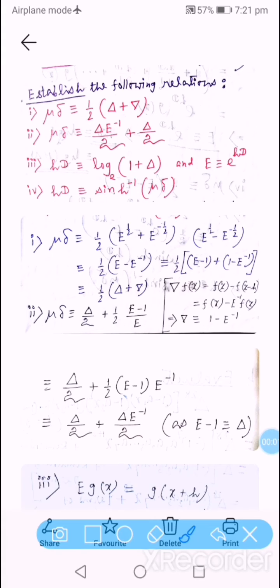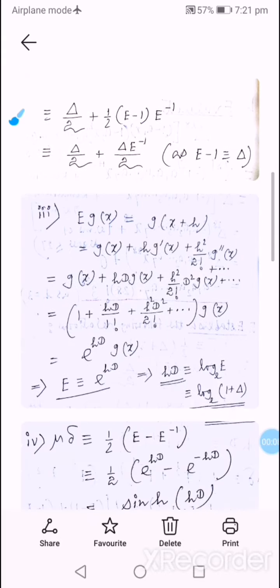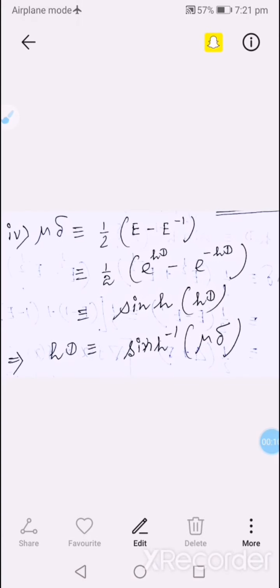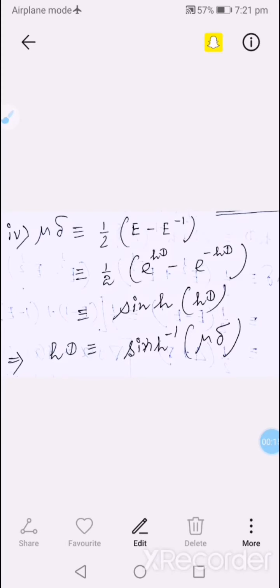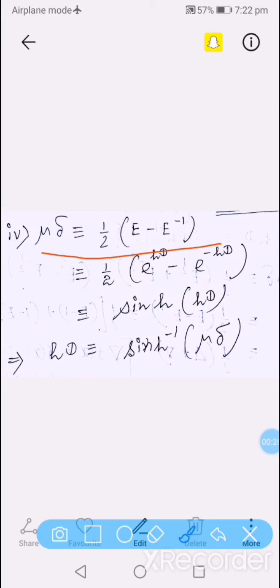Fourth relation, hD is equivalent to sine hyperbolic inverse of mu delta. We have already derived mu delta equivalent to half of E minus E inverse in the first relation, and from the last relation E is equivalent to e to the power hD, therefore E inverse is equivalent to e to the power minus hD.